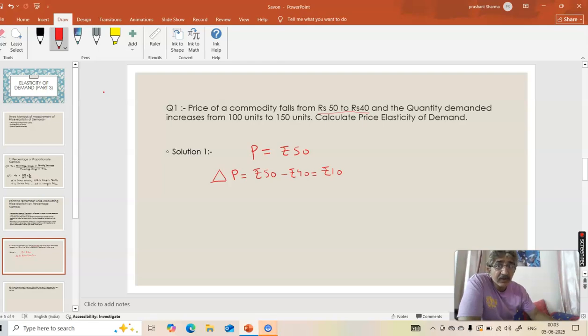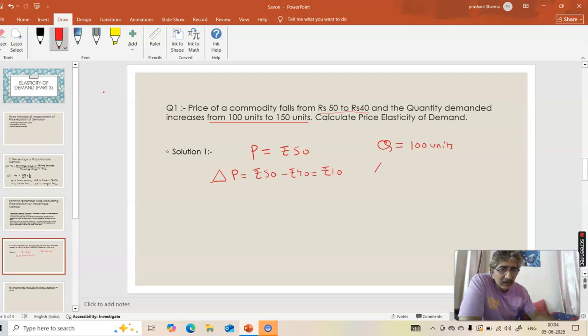And now I'm coming back. Price of a commodity falls from rupees 50 to rupees 40. And the quantity demanded increases from 100 units to 150 units. That means what was the original quantity? I repeat, quantity demanded increases from 100 units to 150 units. So the original quantity was 100 units.